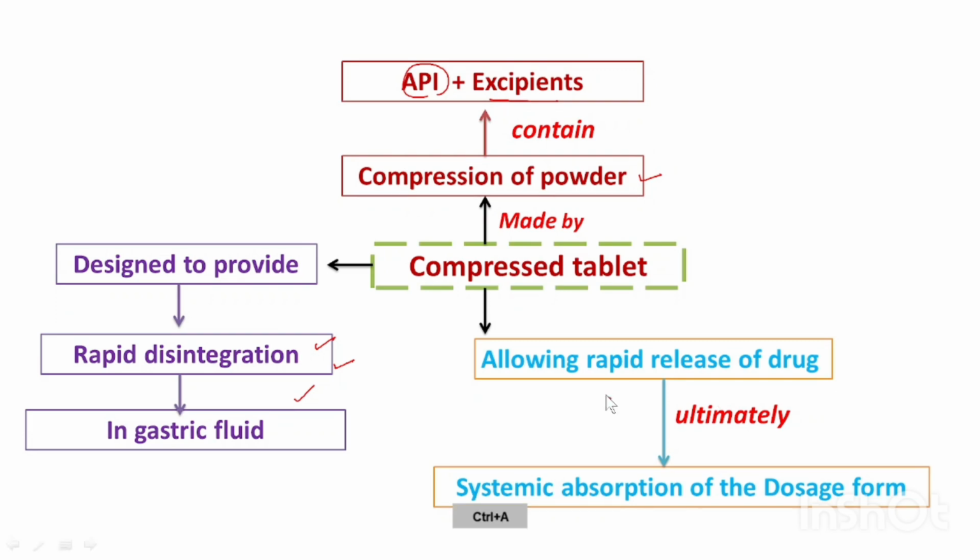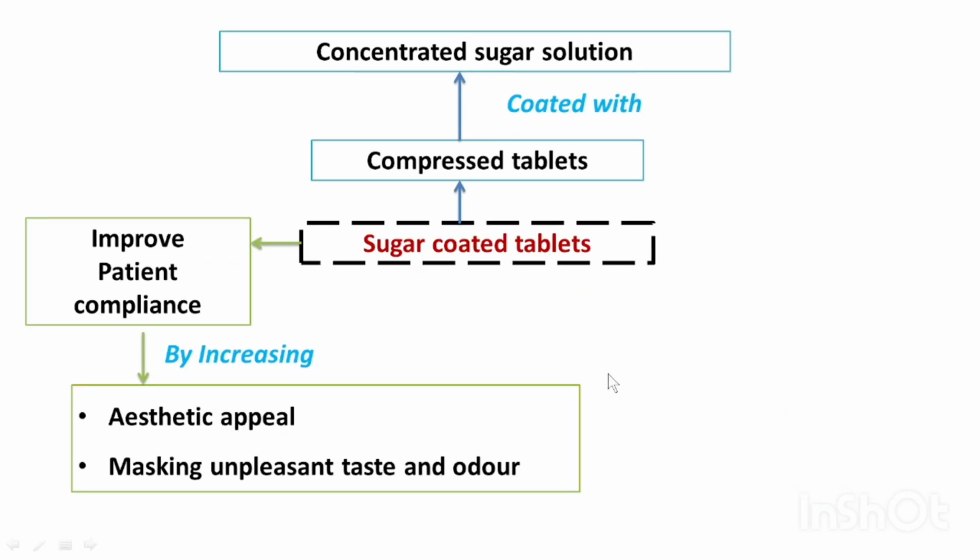So next, the sugar coated tablet. Why do we use sugar coated tablets? These are also compressed tablets, but here we use a sugar solution as a coating over the tablet. The sugar coating makes the simple tablet a sugar coated tablet.